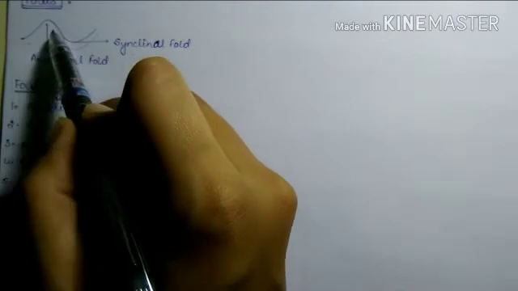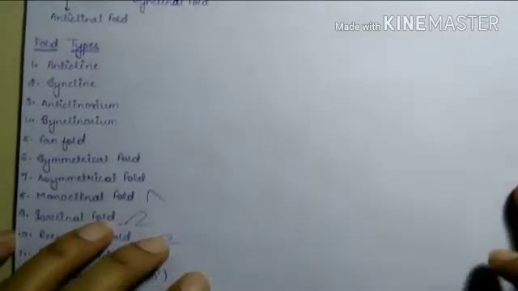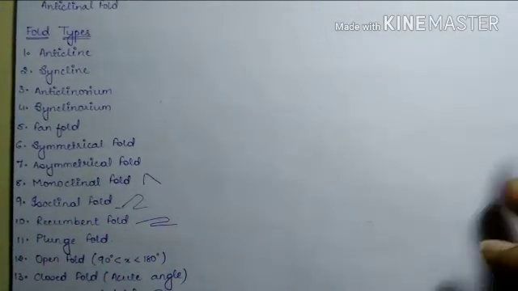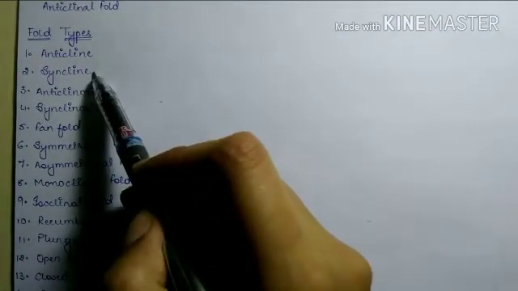Okay guys, please remember, this is anticline and this is syncline. The one which is going upward is anticlinal fold, and the second one which is going downwards is synclinal fold. Now we'll study about fold types.